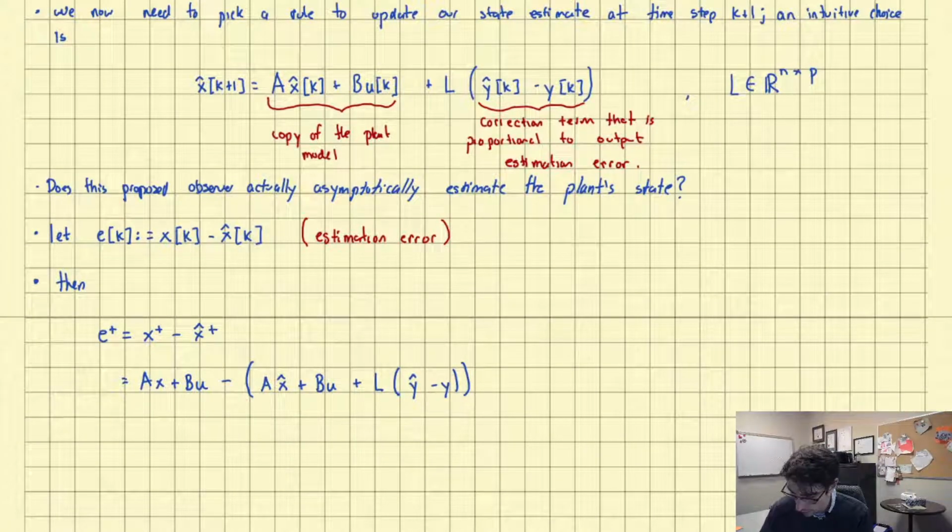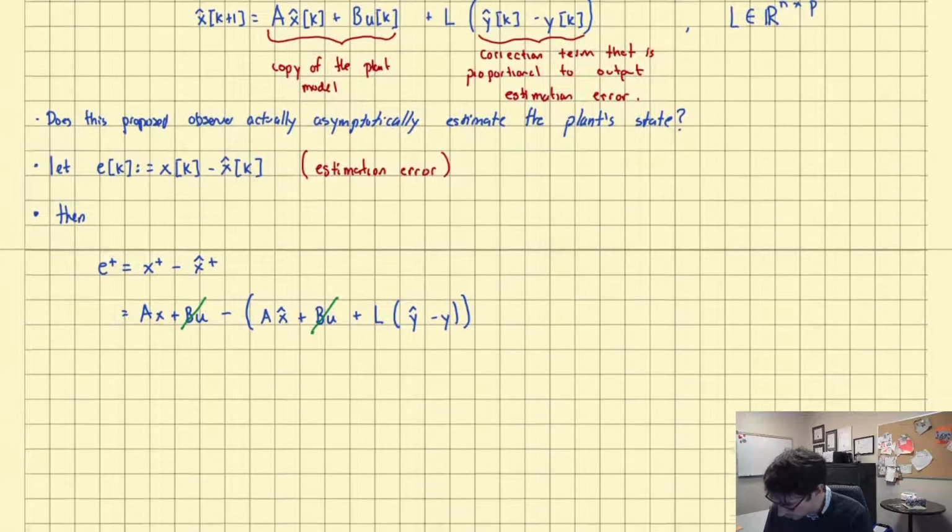Notice that we get a cancellation here. In the next line, I'm not going to write the Bu's. The Bu's are going to go away, so the effect of the input is now gone. And what I will plug in are the expressions for y hat and y in terms of x and u.